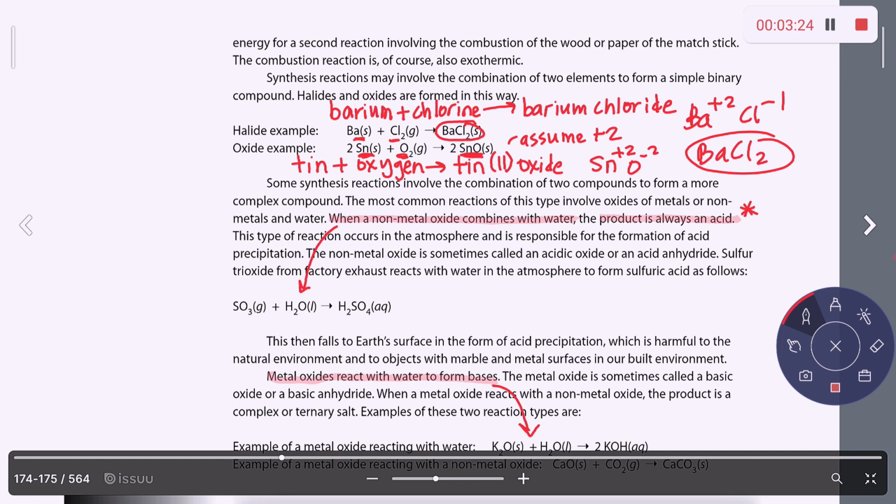And then the last one would be when a metal oxide reacts with a non-metal oxide, the product is a ternary salt, meaning you're going to have 3 different substances in the salt. And that example is just underneath this one where you're forming the calcium carbonate. These reactions that I just talked about, the reverse is under the decomposition section. So if you memorize one direction, then you automatically know what the other direction is.